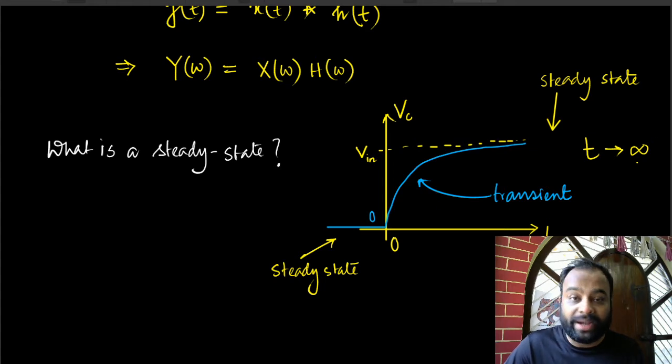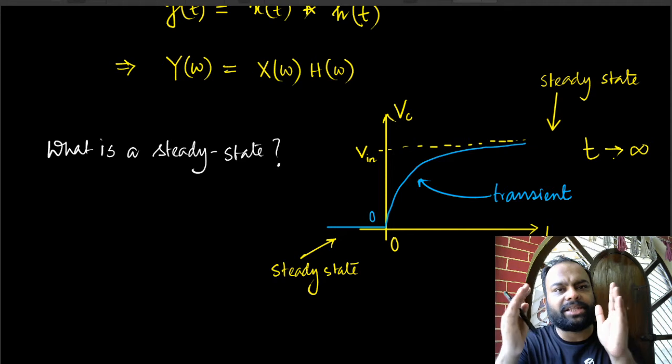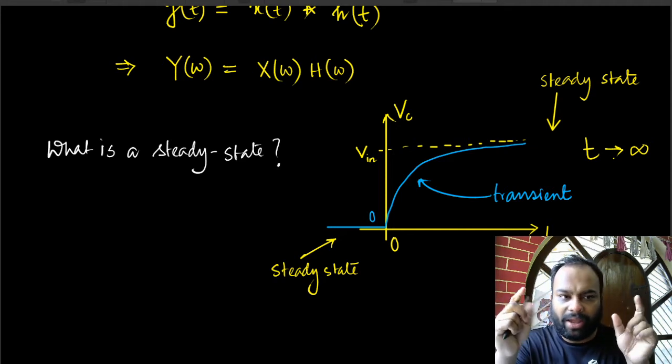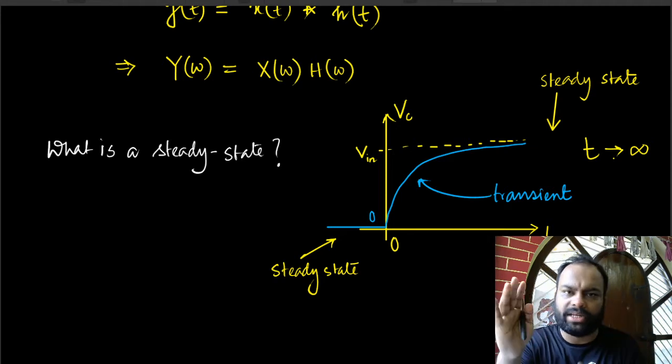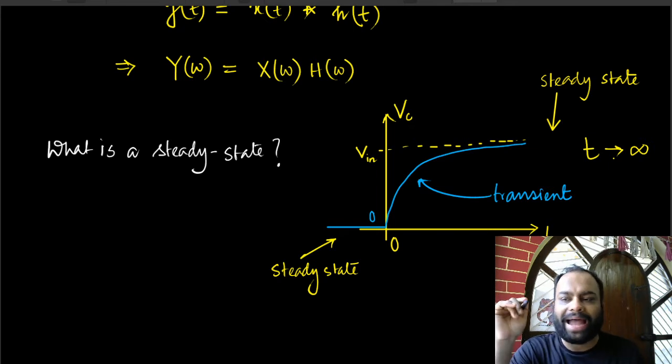So it's a limiting case, but fortunately for us, when t is sufficiently large, and what do I mean by sufficiently? That's a qualitative measure. We shall soon look at that.